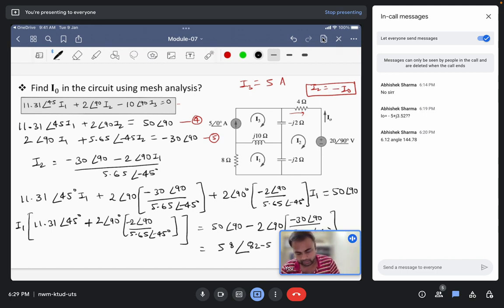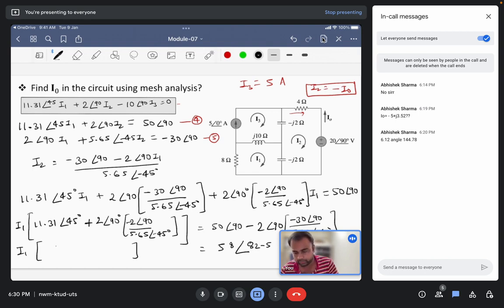And again in the LHS side you have to simplify this term. So let us simplify this one. 11.31 angle is 45, and minus 2 angle 90 degrees, again angle 2 angle 90 degrees, and divided by 5.65 and the angle is minus 45.